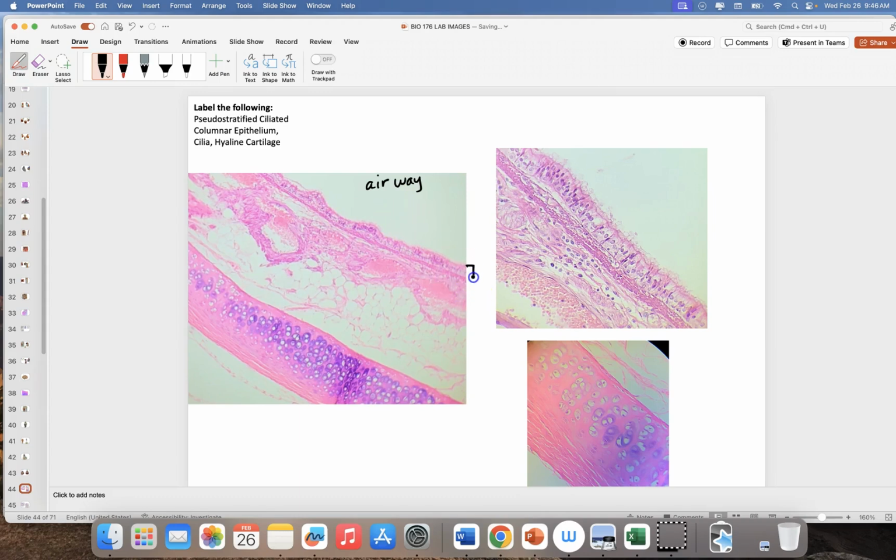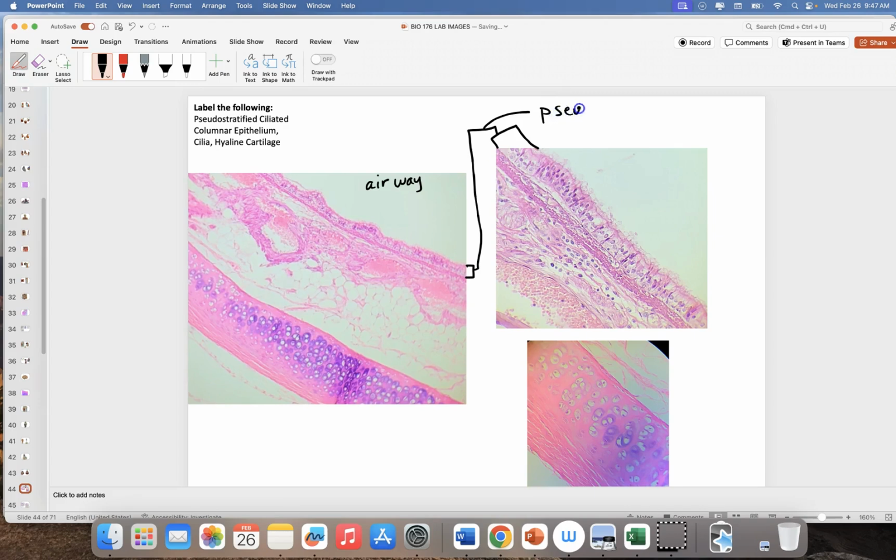So this right here is going to be that pseudostratified ciliated columnar epithelium. It's difficult to see the pseudostratification and the cilia. I've blown it up over here to make it easier for us. And I can go ahead and make a bracket to show us that layer here. And then we can join those together because this is going to be the epithelium.